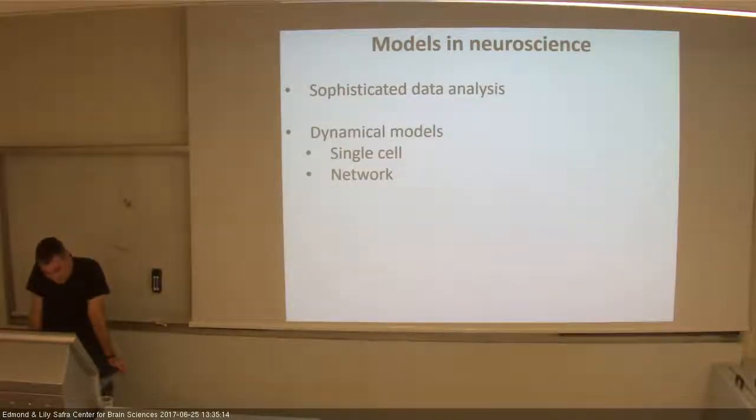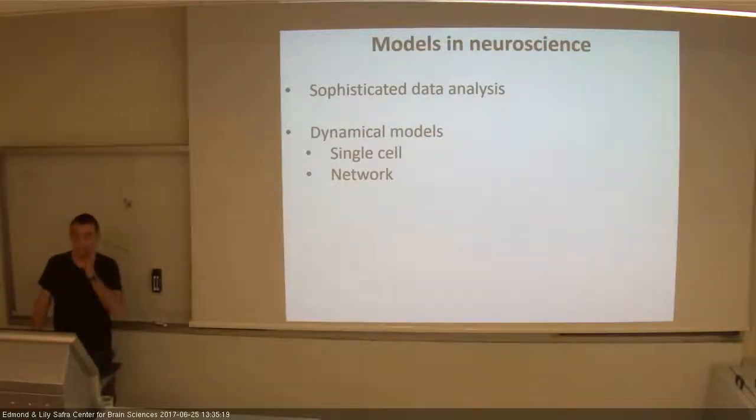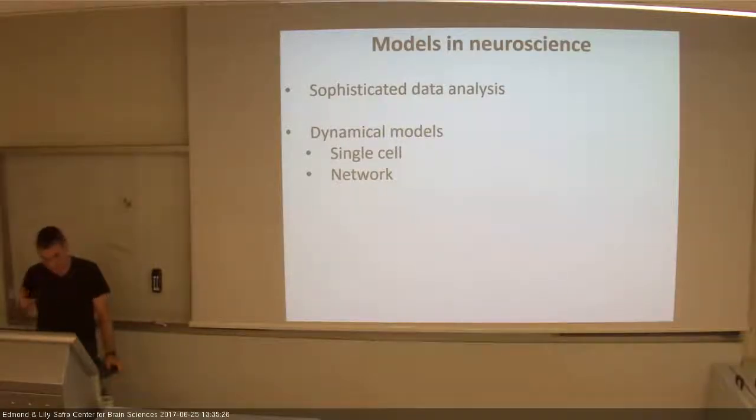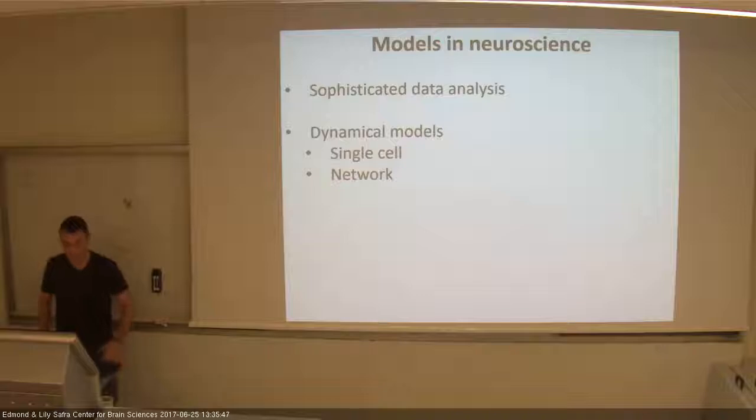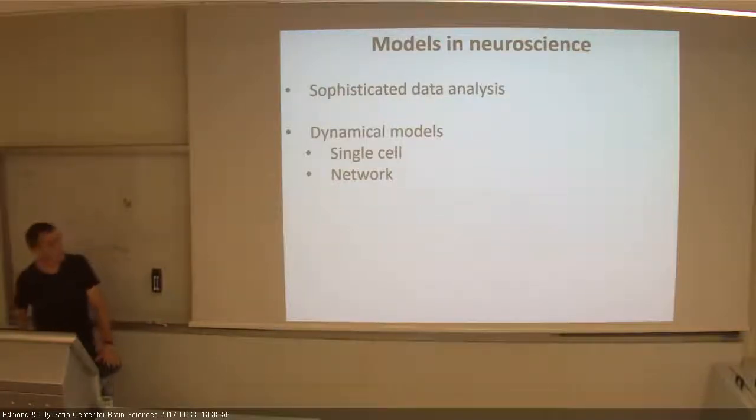Another thing that we gain from modeling is that intuition takes us some way, but I don't think that we can understand things like an action potential, talking about the single cell level, or the irregular firing in cortical networks and the relation to the distribution of firing rates, without a mathematical model.